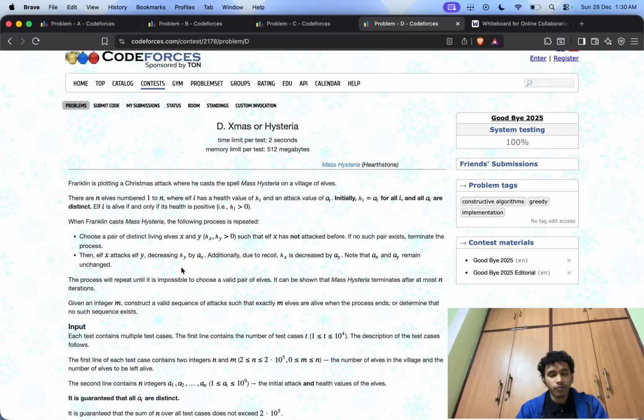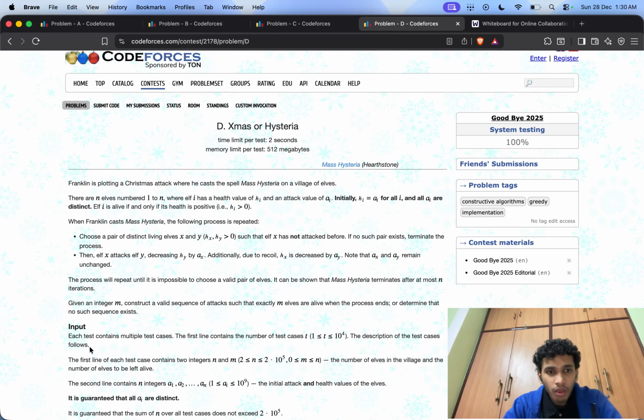Then, if such a pair exists, elf x attacks elf y, decreasing hy by ax. Additionally, due to recoil, hx is decreased by ay. That is, they both attack each other, and health of both of them is reduced according to the opponent's attack value. Note that ax and ay remain unchanged.